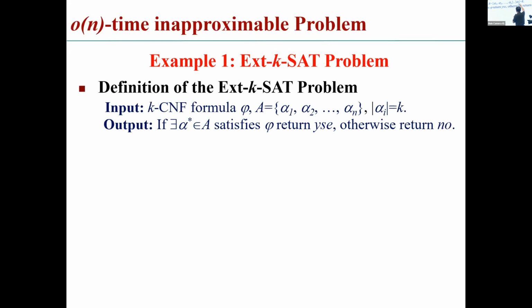The output: if there is an alpha star belonging to A that satisfies phi, then return yes. Otherwise, return no.